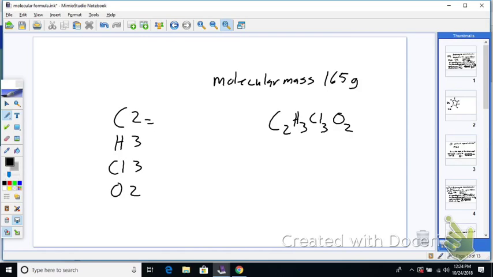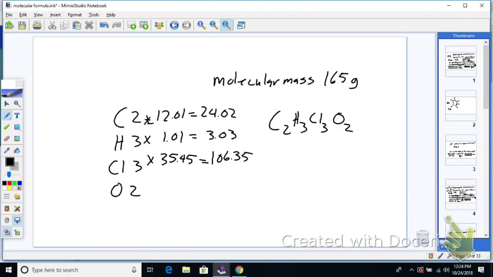So that'd be times 12.01, 24.02. Hydrogen is 3.03. Chlorine's 35.45, so that would be 106.35. And then oxygen is 16, which would be 32.